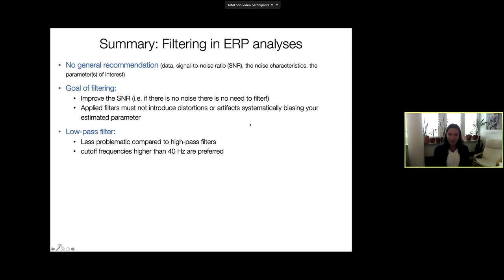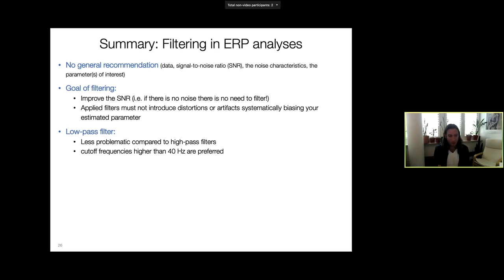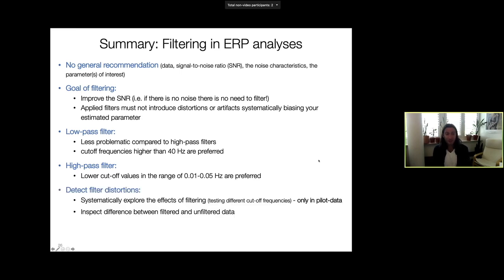For low-pass filters, it's less problematic compared to high-pass filters because the higher frequencies have smaller amplitudes. Thus, cutoff frequencies higher than 40 Hertz are preferred. For high-pass filters, the distortion might be a much bigger problem. We recommend here lower cutoff values in the range of 0.001 or 0.005. Detect filter distortion.